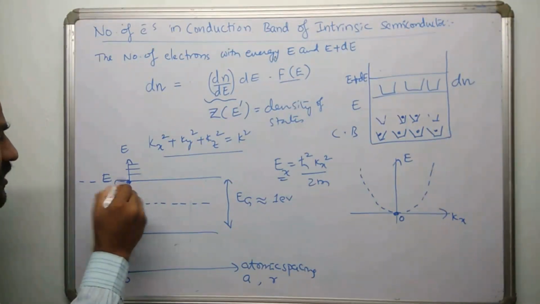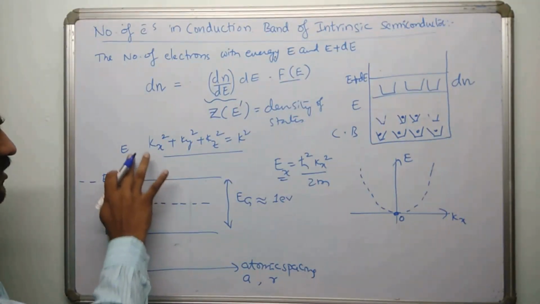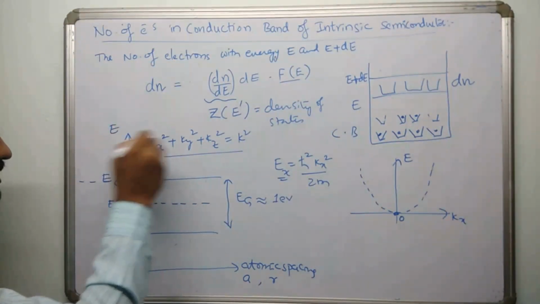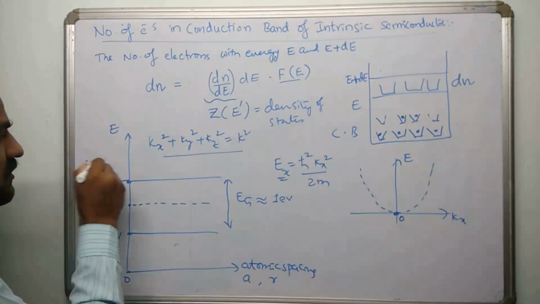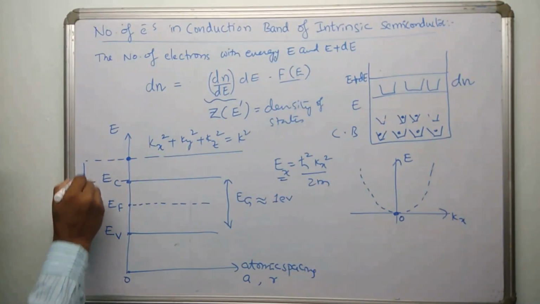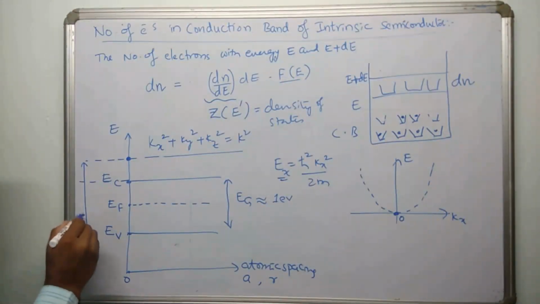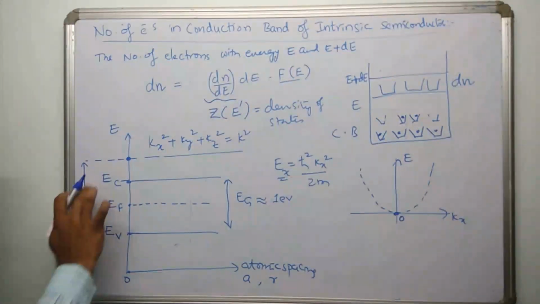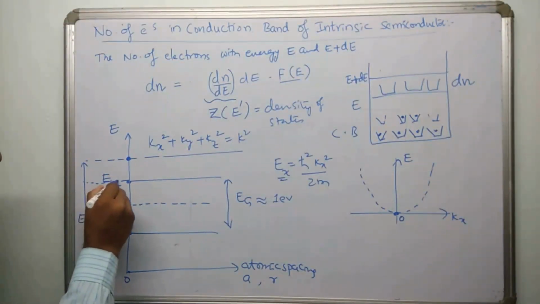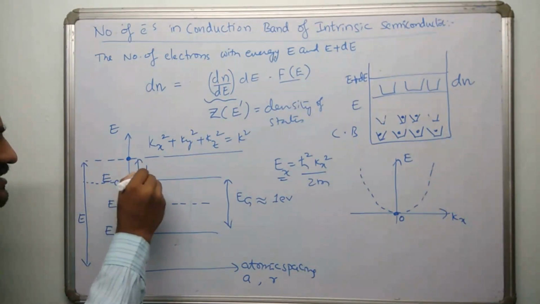So whatever energies we are referring to, let us say at an arbitrary location in conduction band, this is the E axis. Let us suppose I am talking about a specific point, and this energy with respect to 0th energy, I'll call it E. This is the actual energy. So original energy is this. And until this point, this is EC, and here we are calling the energy E dash.